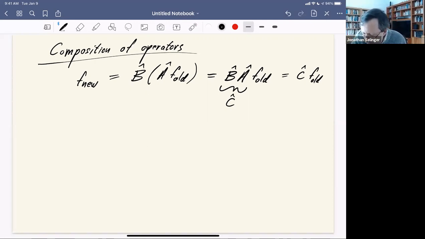This is now a way of making a composite operator which comes from the combination of A and B.